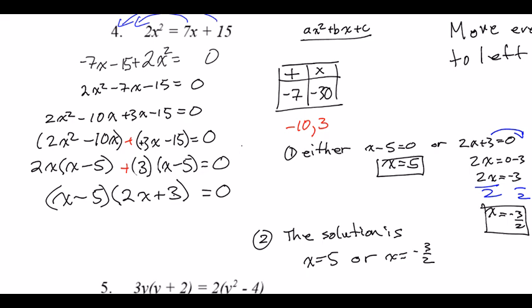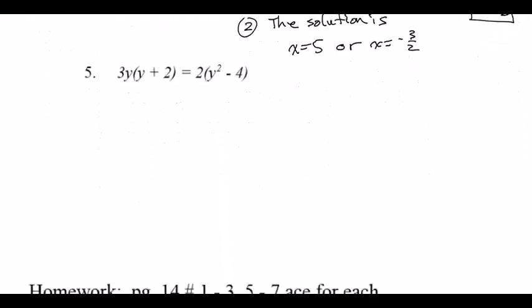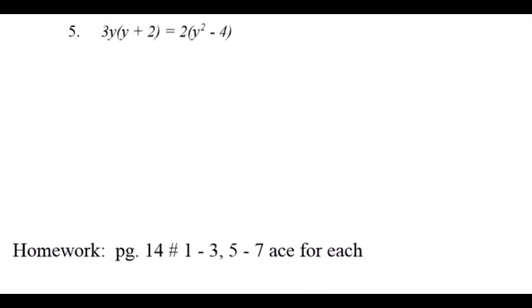As for our final problem, it requires us to use some mad skills. So let's use some sophisticated moves here. Let's take the 3y, y plus 2, and we're going to move the entire quantity from the left side over to the right side.